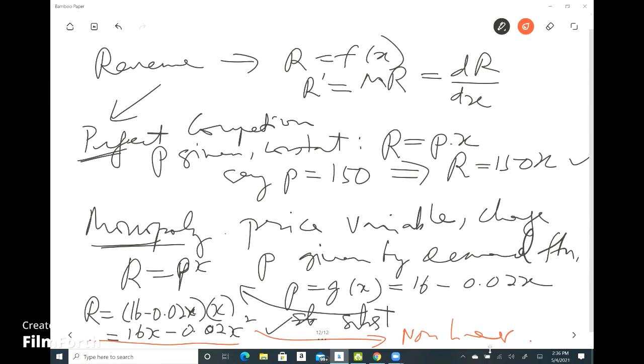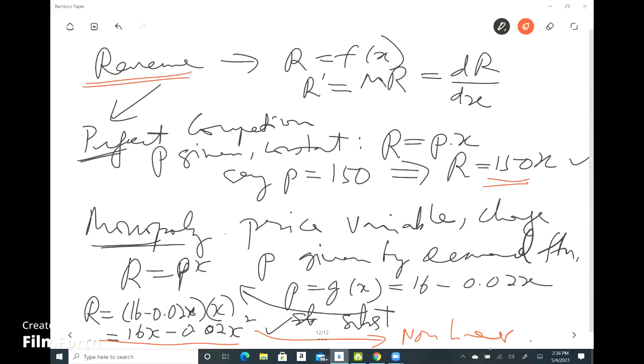So in perfect competition, revenue is just a linear function. Monopoly, non-linear. So, when you see a non-linear function, that means the market is what? It's not perfect competition. Okay, it's monopoly. So that would be the function for a monopoly firm and a perfectly competitive firm.